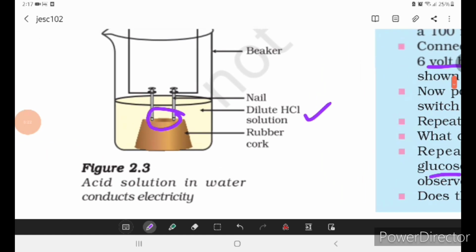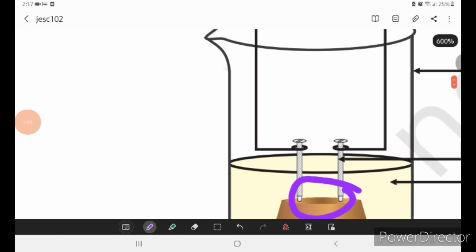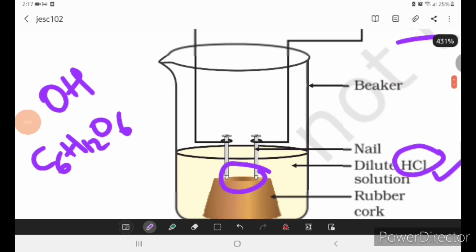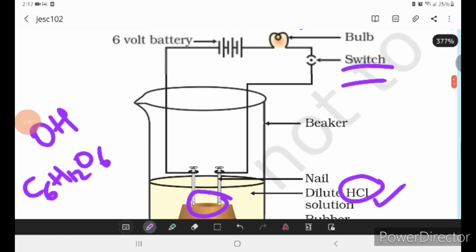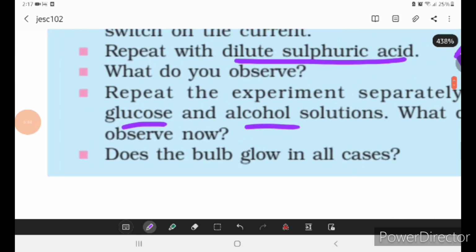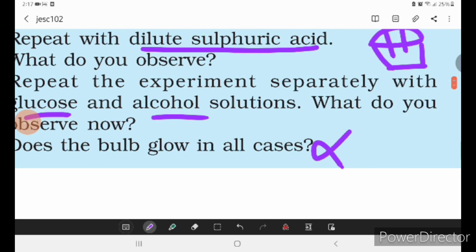In place of hydrochloric acid, if we take glucose, which has the molecular formula C6H12O6, and alcohol, and add these two solutions into the beaker and switch on the current, the bulb doesn't glow. Why does this happen? Let's see. And the question: does the bulb glow in all the cases? No, it doesn't glow in all the cases.